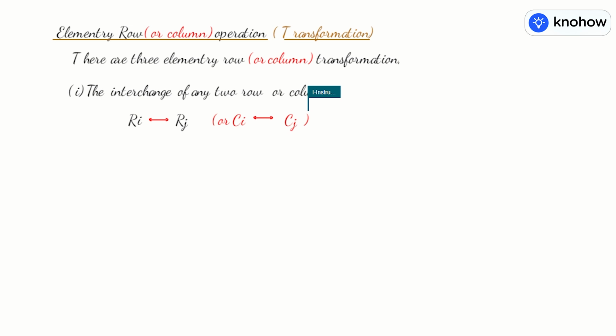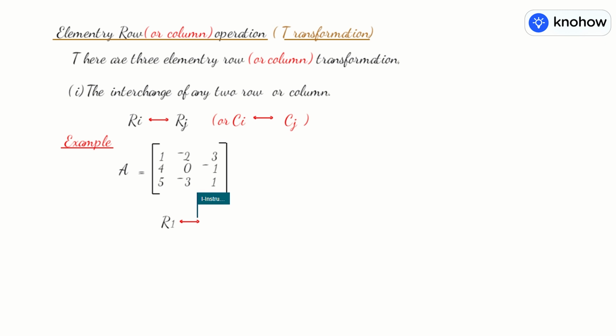Now, for example, given is a matrix A defined as 1, -2, 3, 4, 0, -1, 5, -3, 1. Then, if I give the instruction R1 interchange with R2, we can interchange.